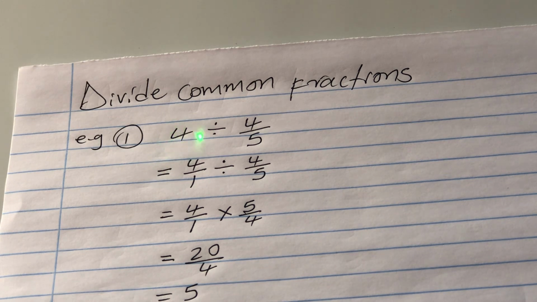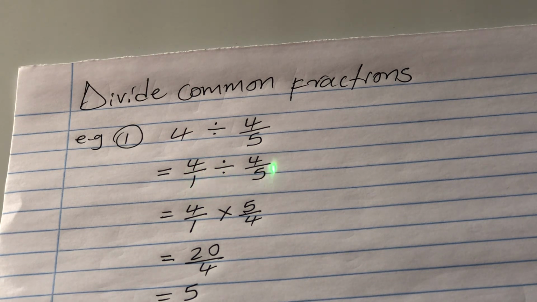Because if I say 4 divided by 1, I'll still get 4. You can see that I've done it here. I've just put a division line and a 1, which is the same as what I'm given here. So this will make it easier for me to continue with my calculations.